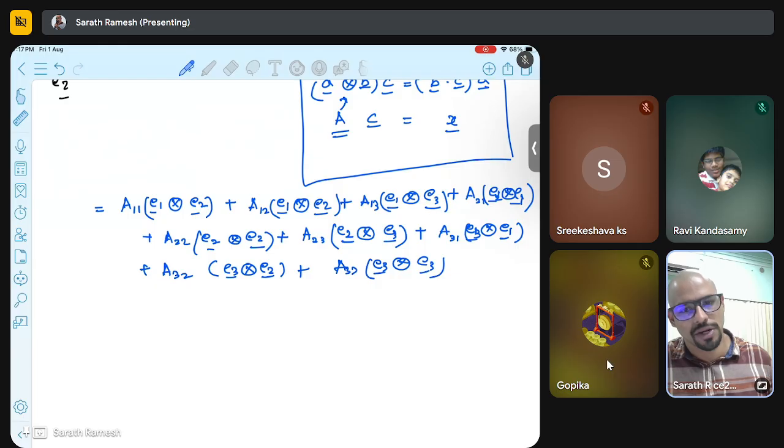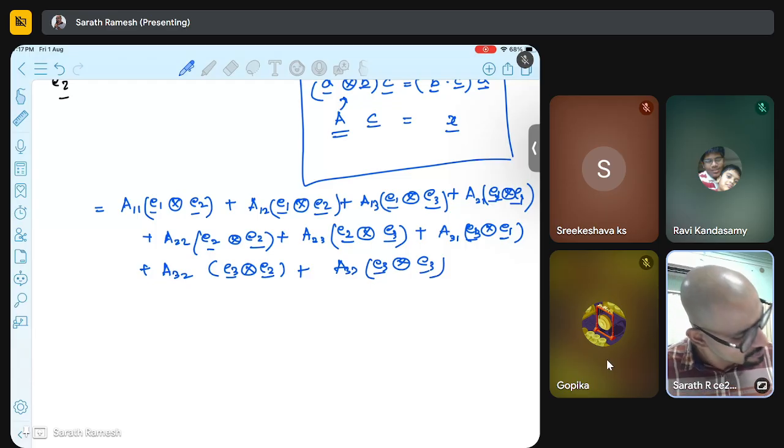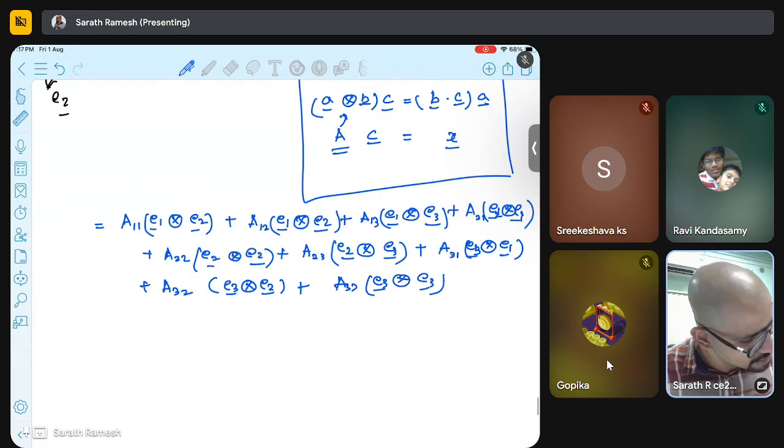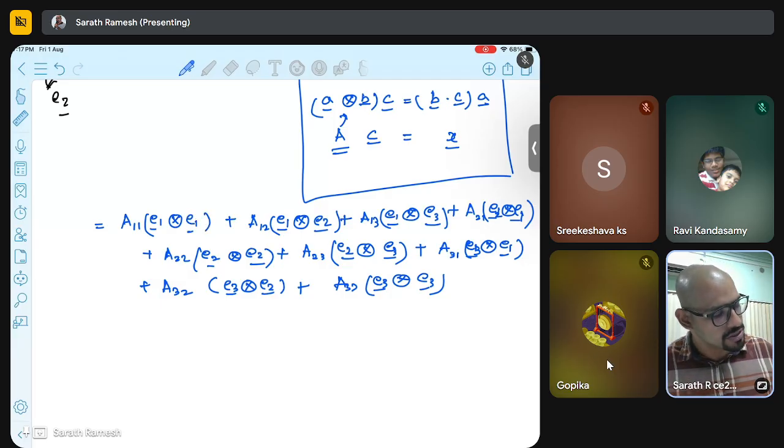We have 9 components, and E1 tensor product E1 is one of the bases. Sorry, it should be E1 tensor product E1, right? So this is one basis, this is one basis, and there are 9 bases. Like a vector has 3 components and 3 bases, EX, EY, EZ, a second order tensor has 9 components and 9 bases.